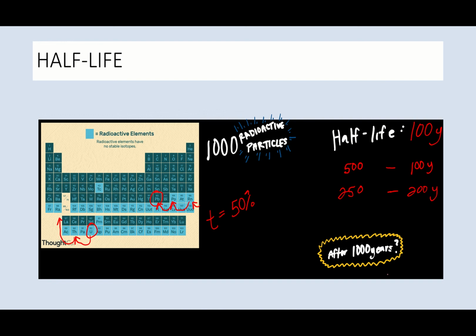This would be 2 to the 10 half-lives, meaning that after 1,000 years, we'd expect to see 0.977 particles. This means that after 1,000 years of our 1,000 particles, we expect to have about 1 remaining. Obviously the half-life of uranium is not this short, but in this thought experiment, if we started with 1,000 uranium particles, and its half-life was 100 years, after 1,000 years, we'd expect to have barely not even 1 remaining.